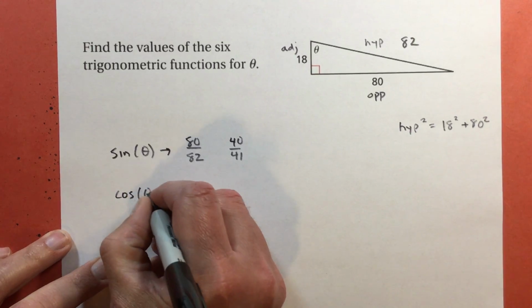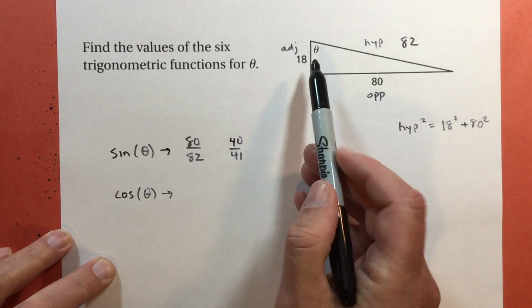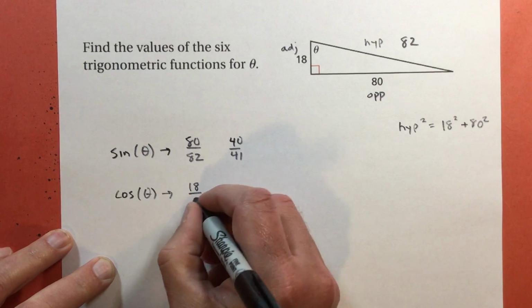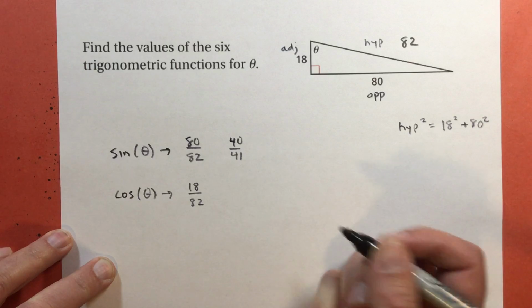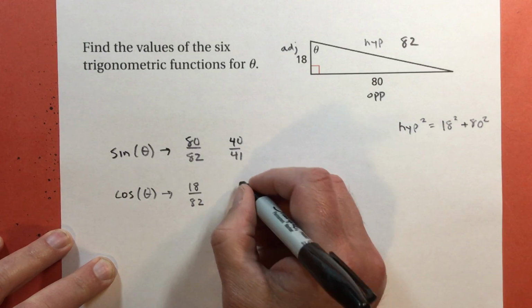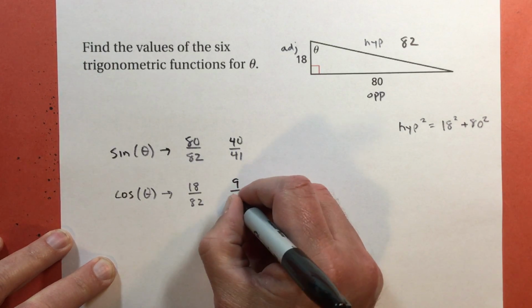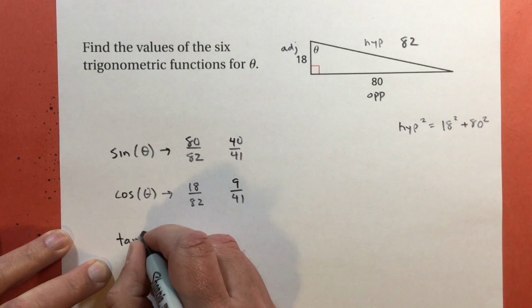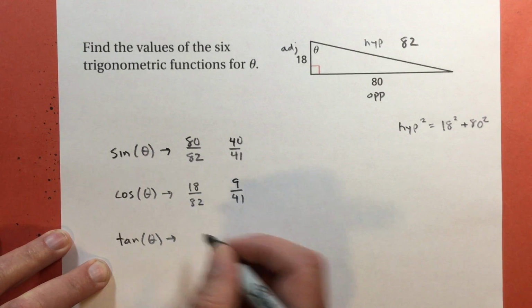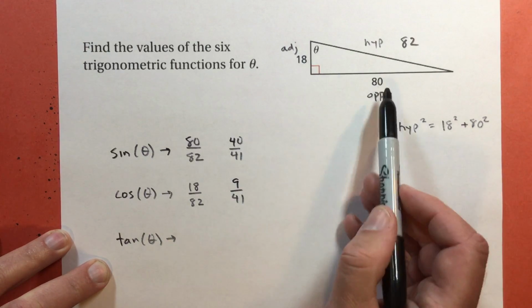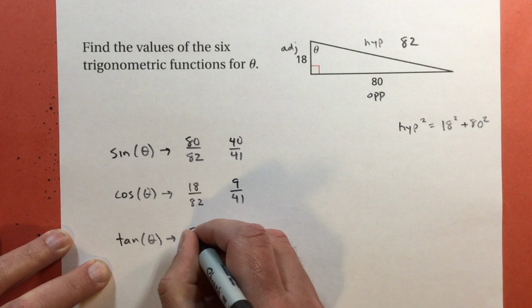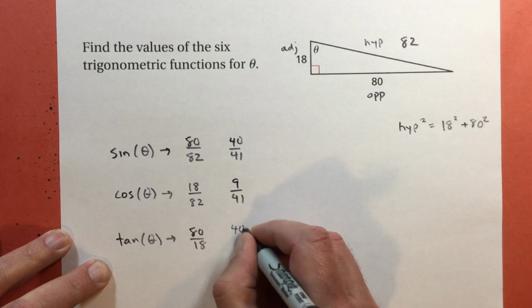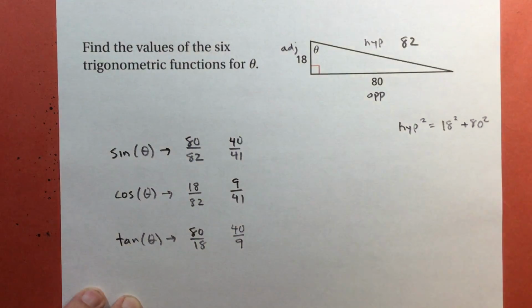Cosine of theta is going to be adjacent over hypotenuse, so I get 18 over 82. And if I simplify, my common factor is 2, I get 9 over 41. And finally, tangent of theta is going to be opposite over adjacent, 80 over 18. And reducing that is going to give me 40 over 9.